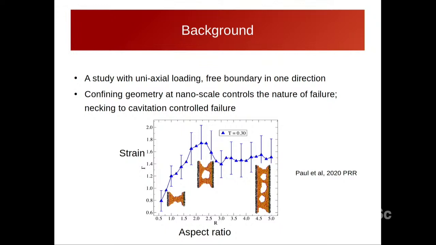What they are seeing is that at low aspect ratios you have this necking kind of failure, whereas at a high aspect ratio you see cavitation and failure via cavitation. So these cavities are appearing here as well in these studies.